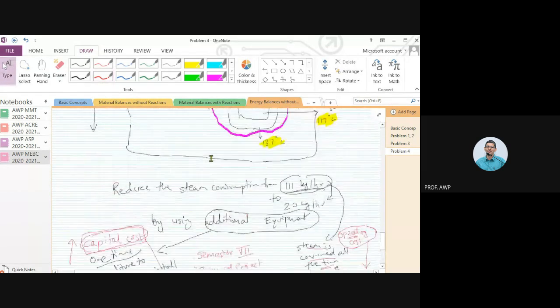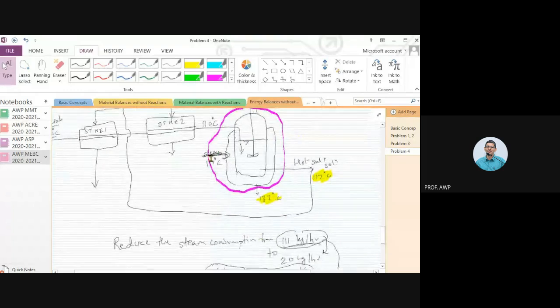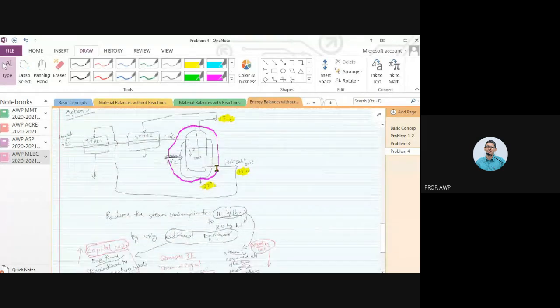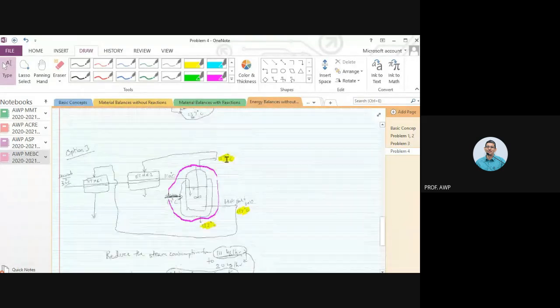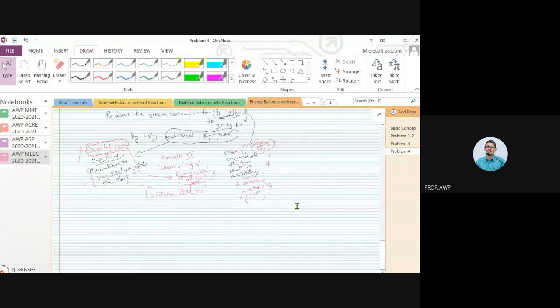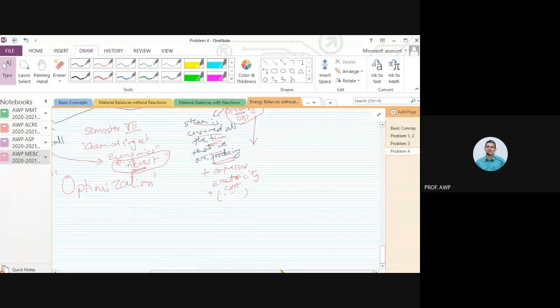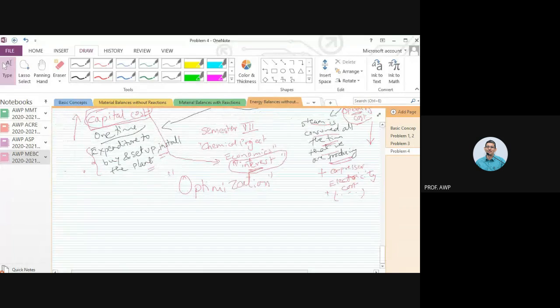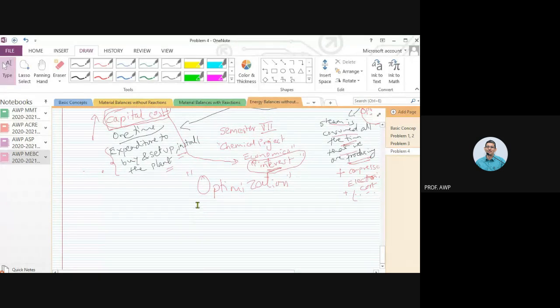There is one more option. Let's look at that option as well. This was our option 3. This is option 4.